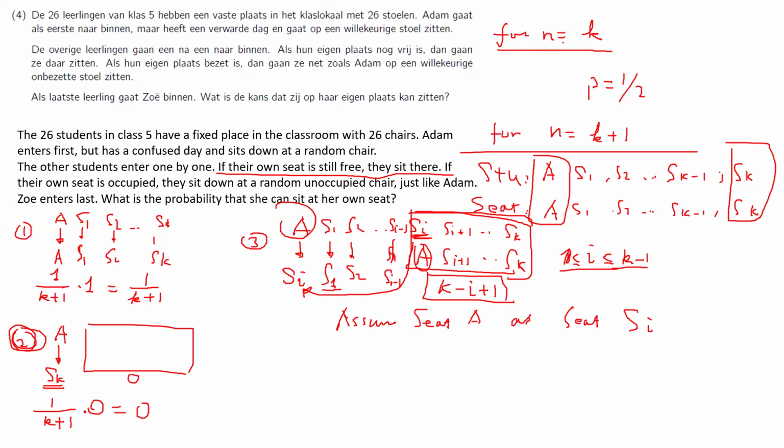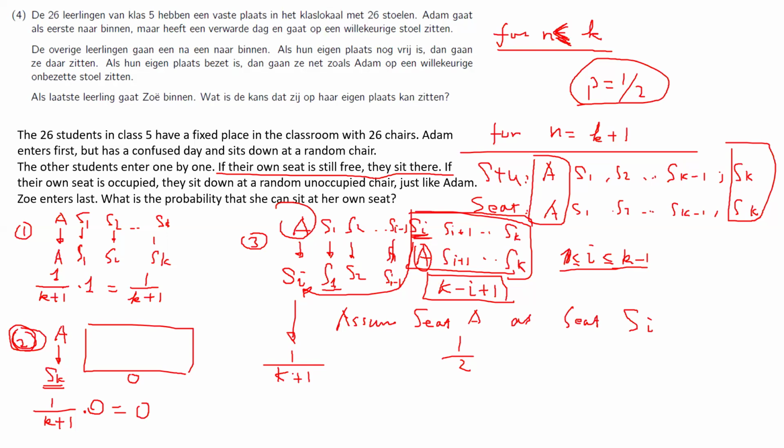For any n equal to or smaller than k, because it's complete mathematical induction, the probability is always half. So we know in this case the rest part has probability half. And what about the first part, A selecting SI? That's 1 over K plus 1, its only possibility.